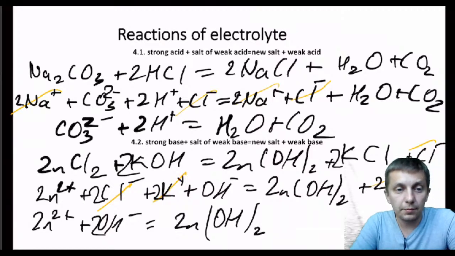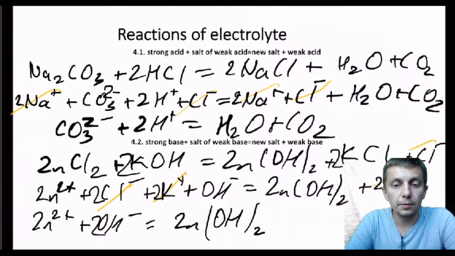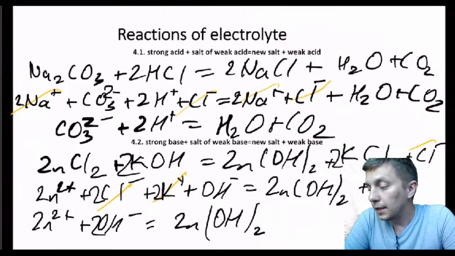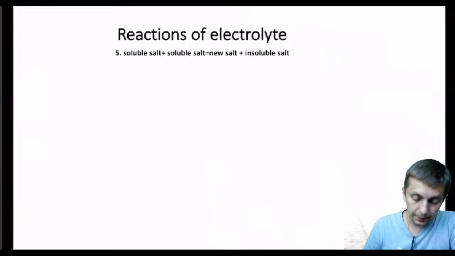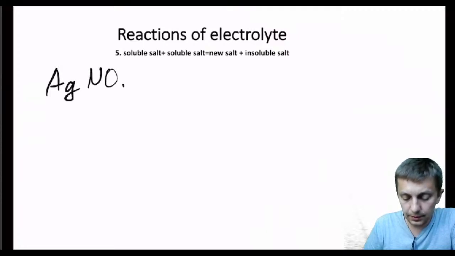If you can write a net ionic equation, if you're dealing with electrolytes, the reaction will happen. It's no excuse. So if you can't write a net ionic equation, it means your reaction does not happen.